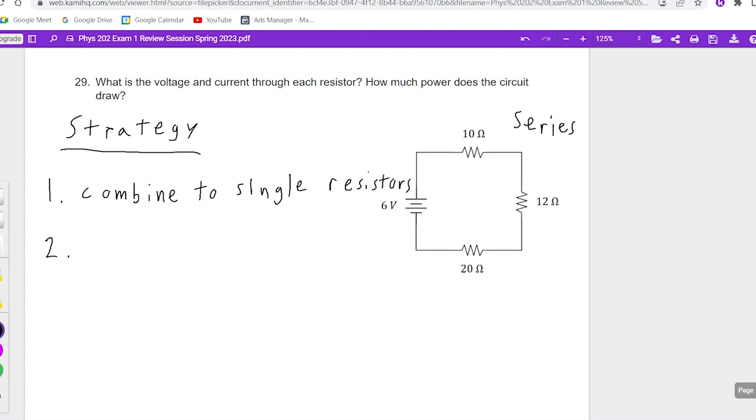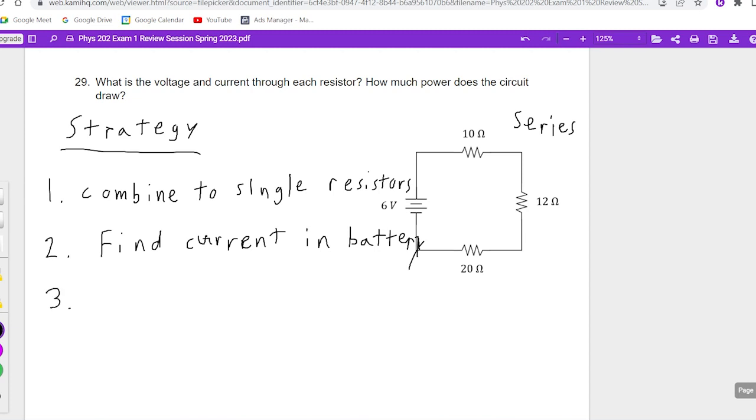Step 2, we need to find the current next to the battery. And the way we do that is by using Ohm's law. So we need to find the current in the battery. And we can't do that until we have a single resistor, by the way.